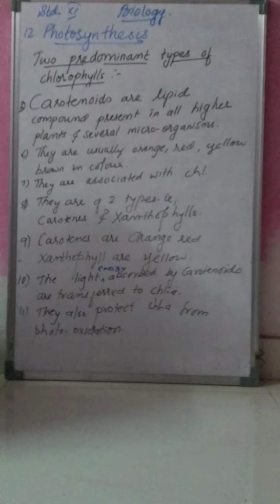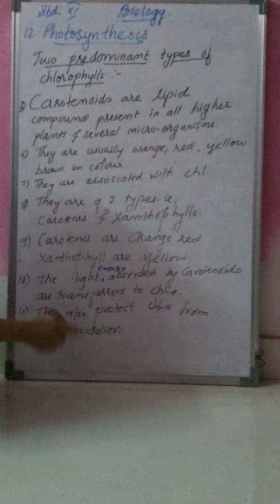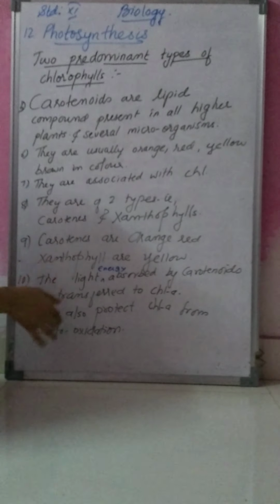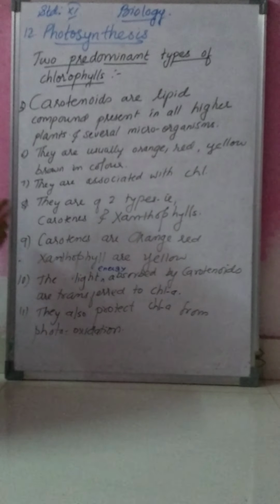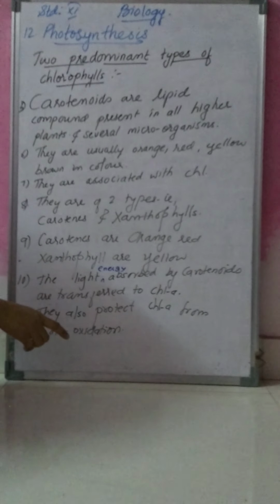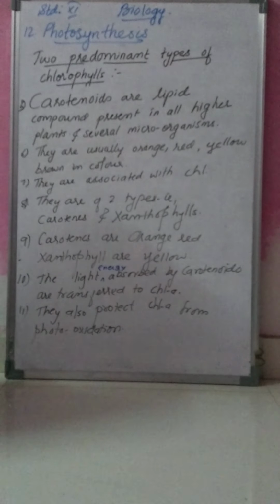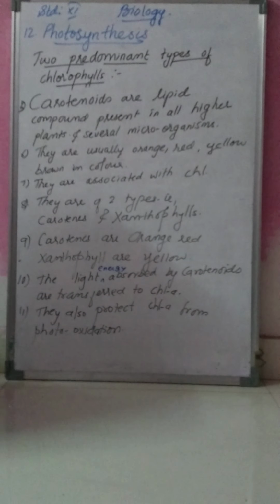Because chlorophyll A gets light energy from every pigment, it may get photo-excited, so carotenoids protect chlorophyll A from photooxidation.